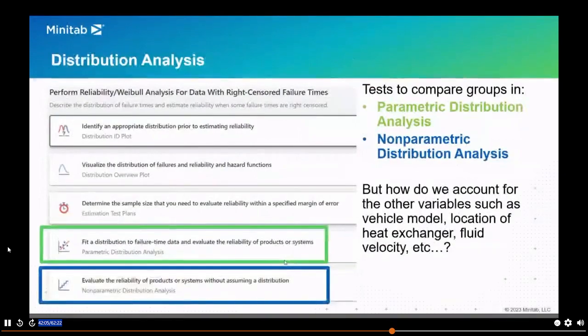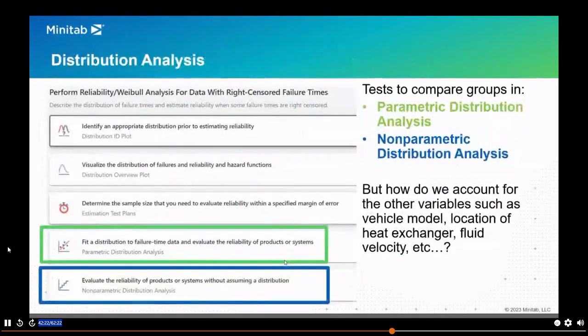Go in, use the non-parametric distribution analysis. Both of those have tests for differences between groups. So when you put in that group as a variable in those two dialog boxes, you can actually test to see if there's a significant difference.